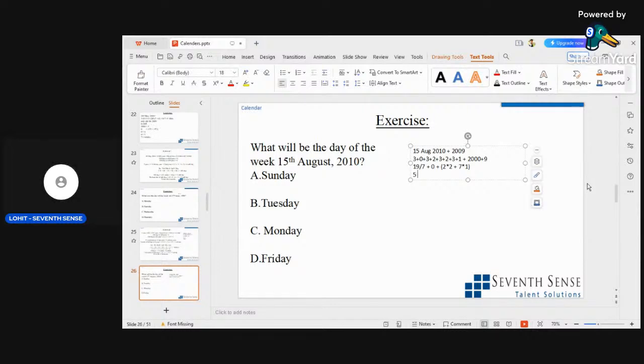Remainder is 5 plus 0 plus, what is the answer of this one? 4 plus 7, 11. 11 divided by 7, 5 plus 0 plus the remainder of this one, 11 divided by 7, how much? 4, right? Total I got it as 9. Now again divided by 7, answer is 2.